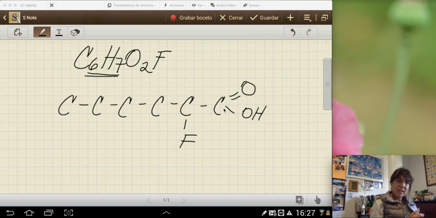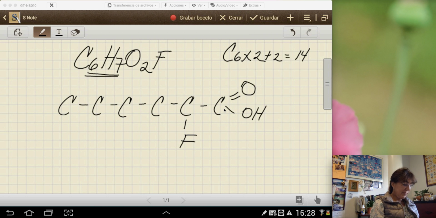If I was checking the general formula for alkanes, alkenes, and alkynes, if you still remember that, for a molecule containing 6 carbon atoms, if this was to be an alkane, 6 by 2 plus 2, you would be needing to have 14 hydrogens.